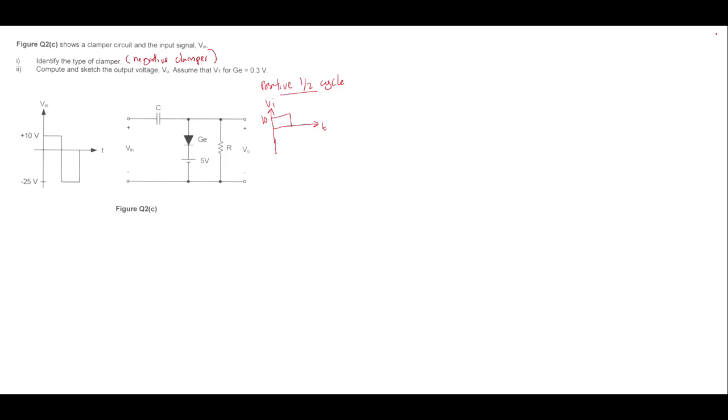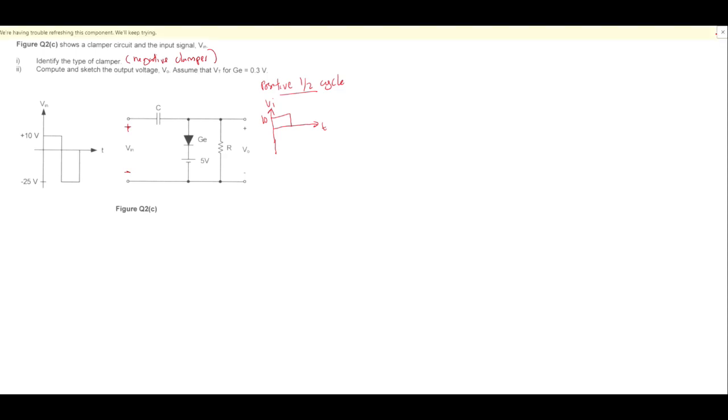At the positive half cycle, the polarity for your input voltage must start with positive at the top and negative at the bottom. So the current will flow from high potential positive to low potential negative. As you can see, when the current flows, it passes through the germanium diode.